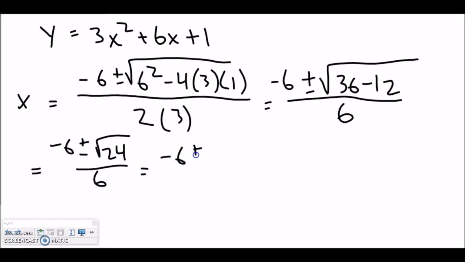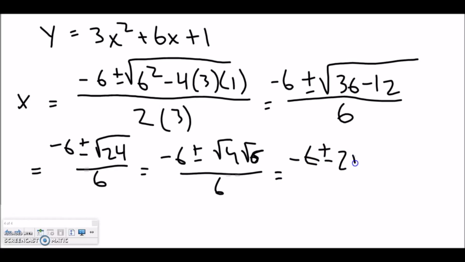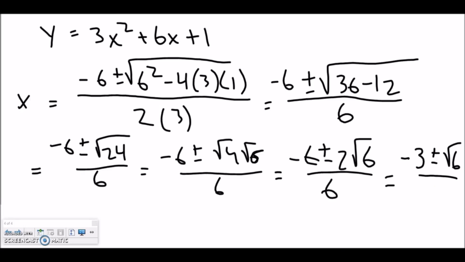That is negative 6 plus minus square root 4 square root 6 over 6. That's negative 6 plus minus 2 square roots of 6 over 6. And that is negative 3 plus minus square root of 6 over 3, taking a GCF of 2 out of everything.